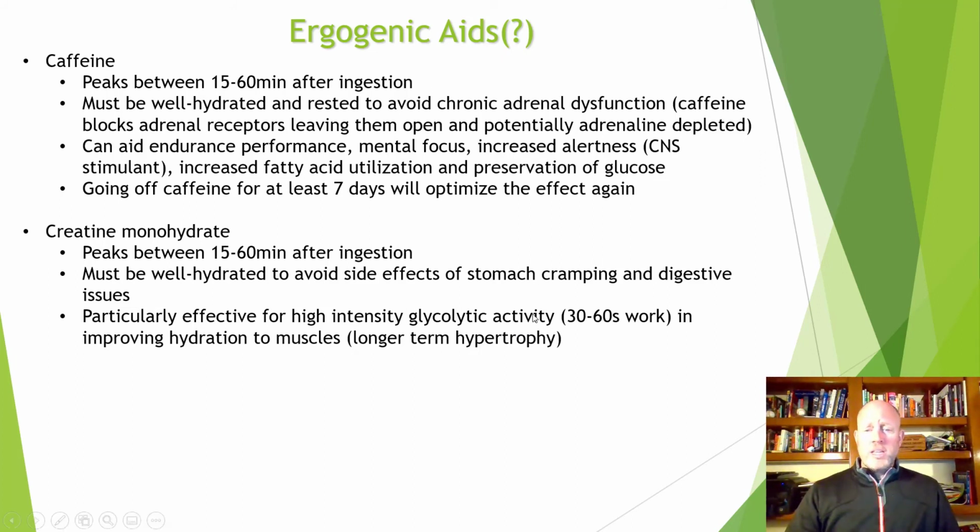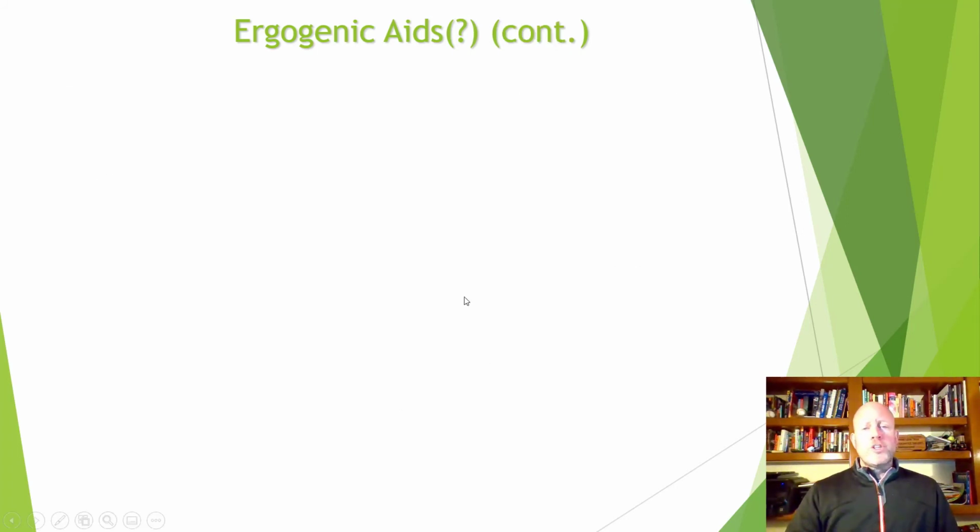So it's really 30 to 60 seconds of work, our hypertrophy training, our glycolytic work, right? That's where this is really most helpful. If the goal is size, the goal is glycolytic interval type training, creatine monohydrate can help a great deal with that. And it also improves hydration in the muscles. That's why people seem to be bloated after they take the creatine monohydrate initially, and longer term it's more toward hypertrophy.